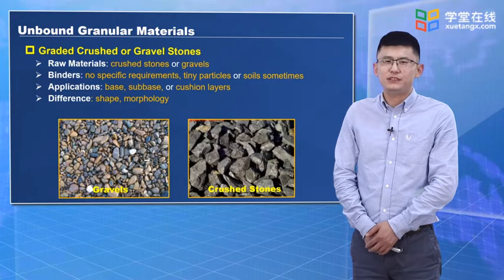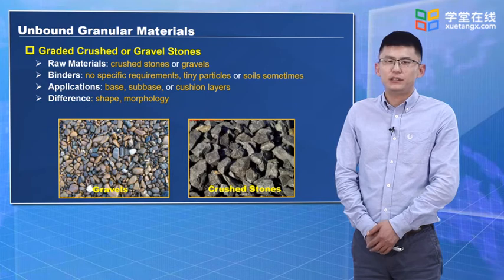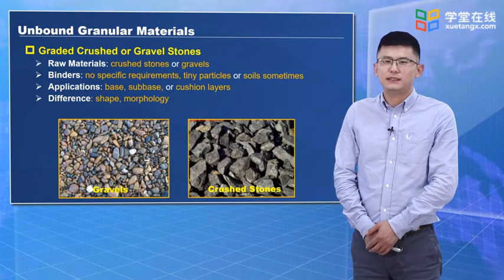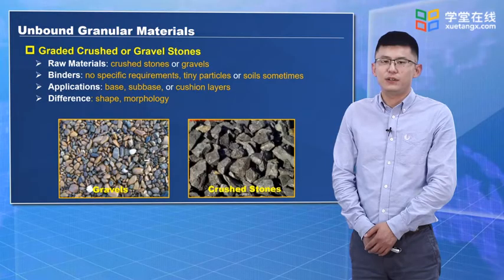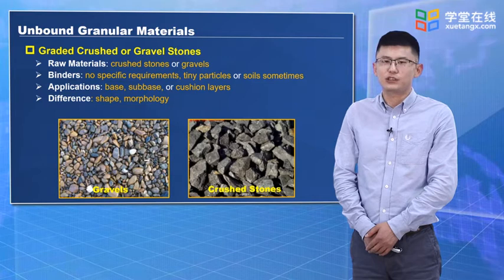For the applications, the unbound granular materials are usually applied for the base and the subbase. And sometimes they are also used for the cushion layers. And we can also see differences between the gravels and the crushed stones. For example, on this slide, we can see the pictures of the gravels and the crushed stones.